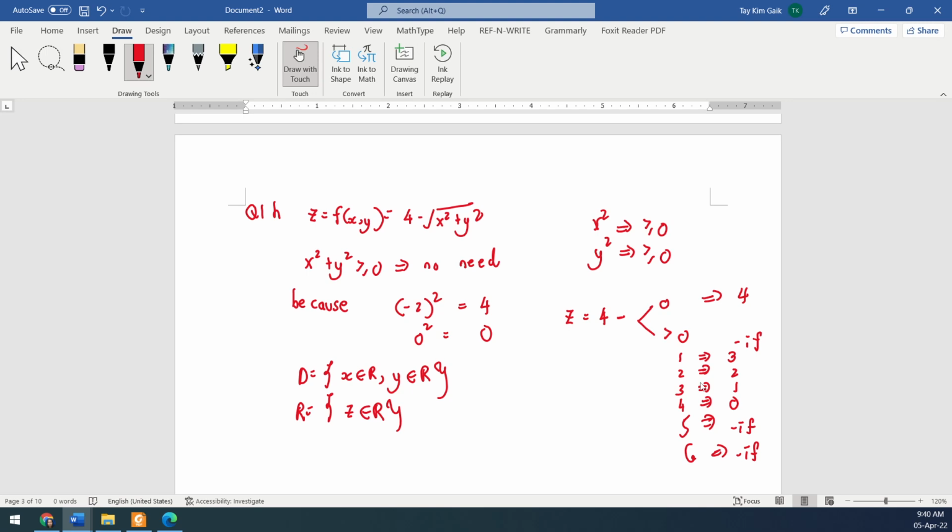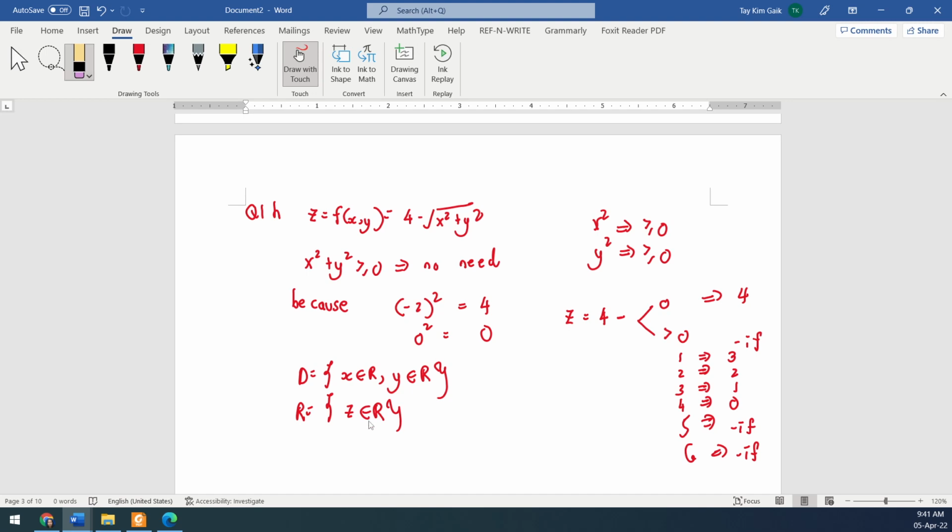You see the value of z when the square root part is at its minimum, which is 0. So 4 minus 0 gives 4, so the maximum value of z is 4. Later on, the value goes negative.